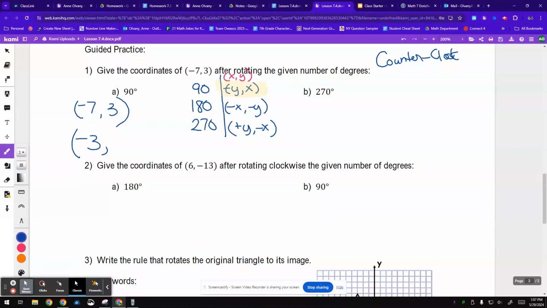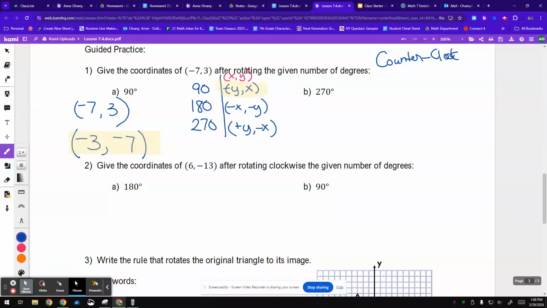And then I'm just going to take the x and move it back. So in the first 90 degrees, we flip them and negate. Yes, negate the first. Now notice this was negative, and when I push it back to this spot, it's still negative. I just take x, whatever it is, and put it in this spot.